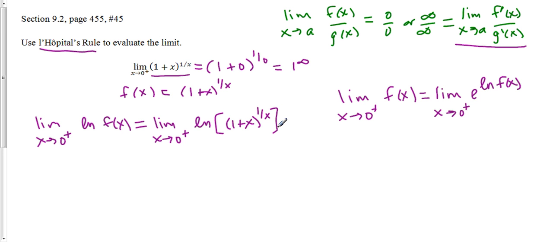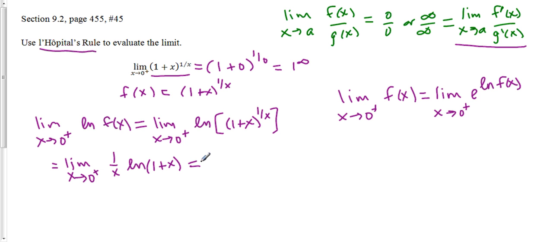The trick that we've been pulling here is remembering that this exponent can be brought down in front of the natural log. So this is going to give me the limit as x goes to 0 from the positive side of 1 over x times the natural log of 1 plus x.